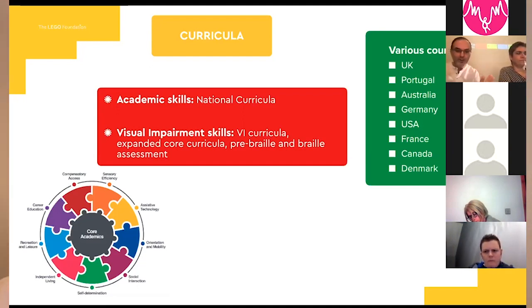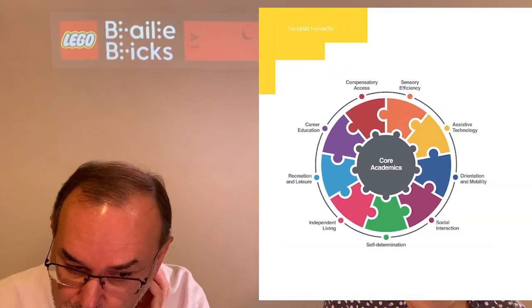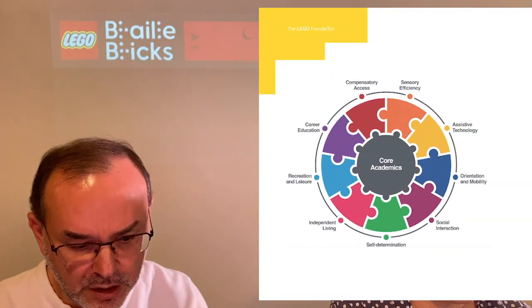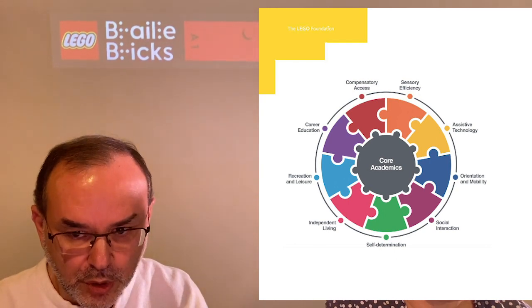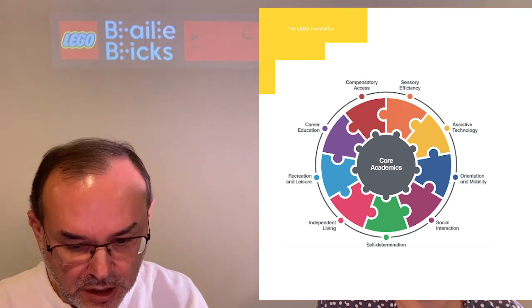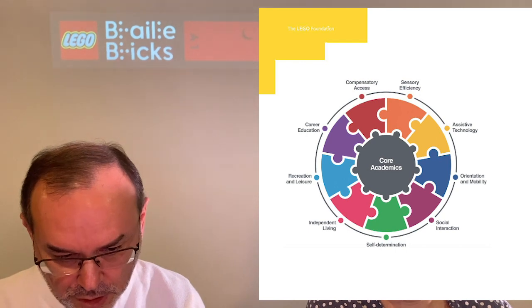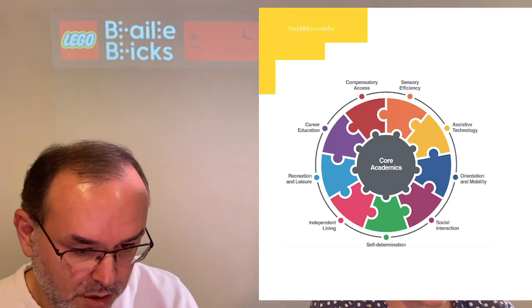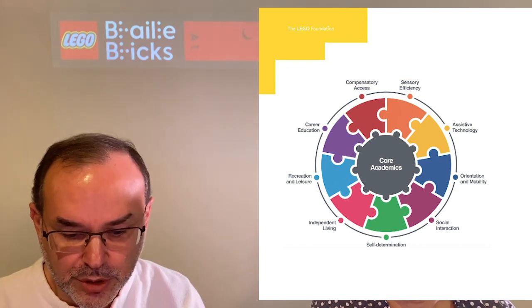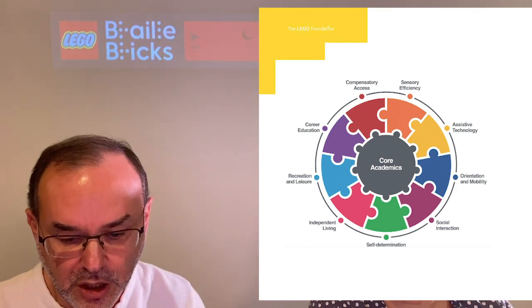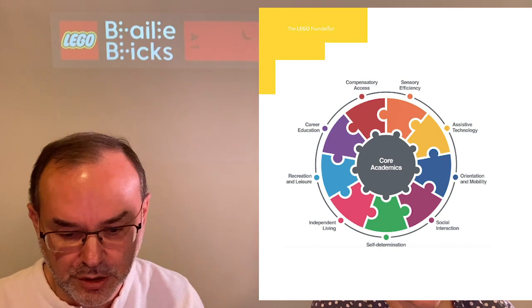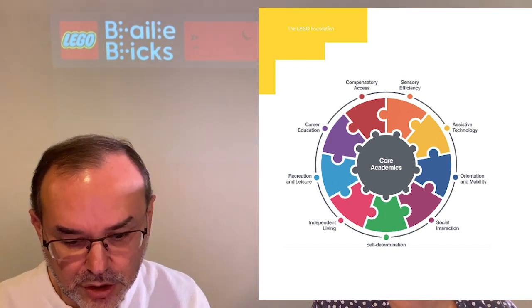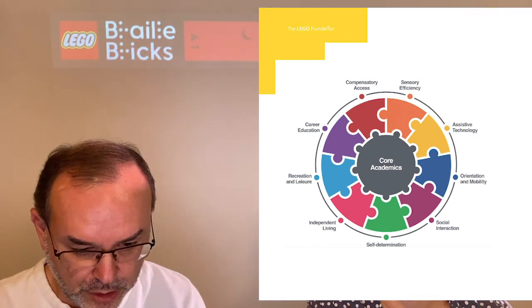So that's why you can see the little circle, and in the center of this circle you have the core academics. That's, of course, very important, because that's what every child, whether blind or not, has to work on and reach at school.